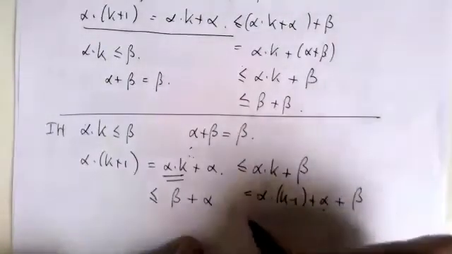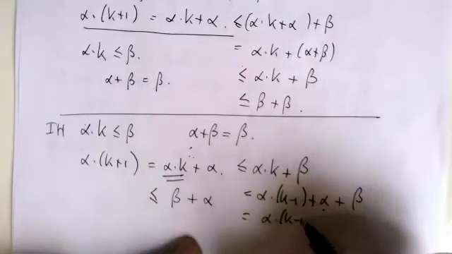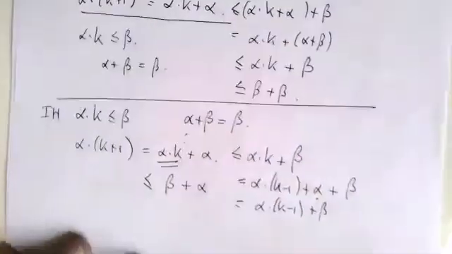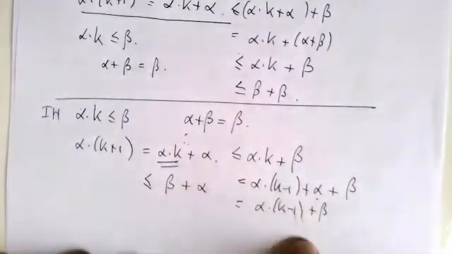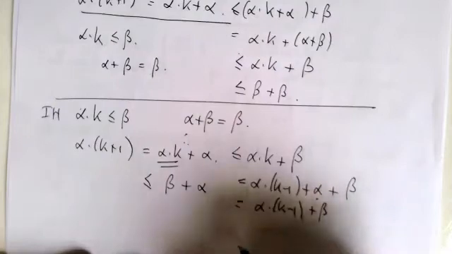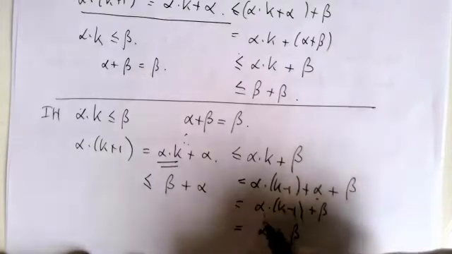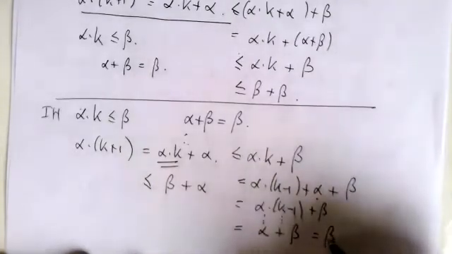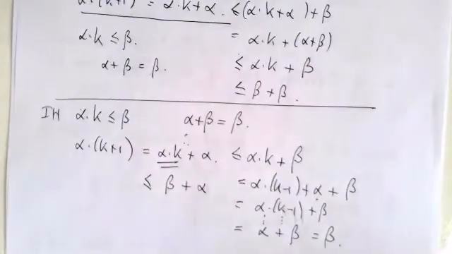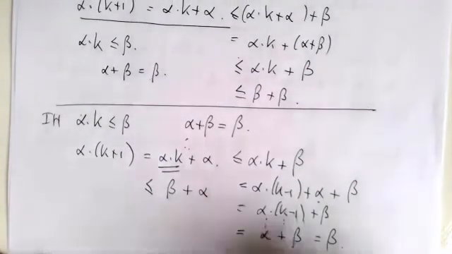So then this is just beta. And then I can carry on reducing this all the way down here, which equals beta. Sorry, I was making a dog's dinner of this.